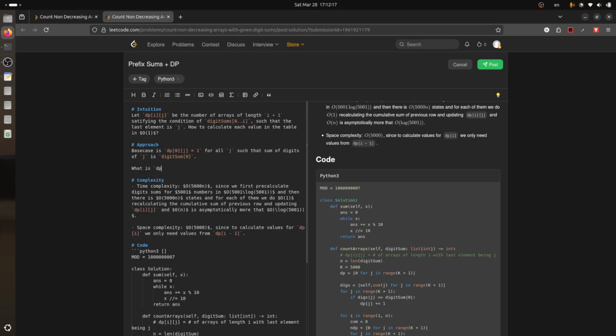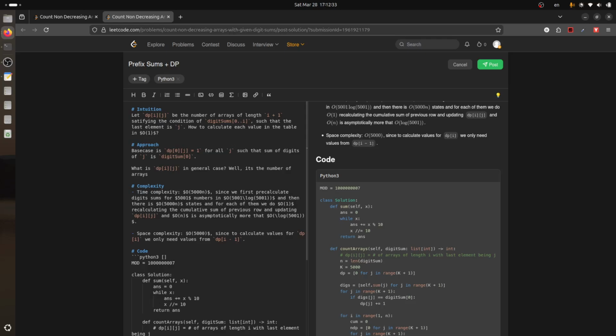Then what is dp[i][j] in the general case? Well, it's the number of valid arrays ending with j as the last element.